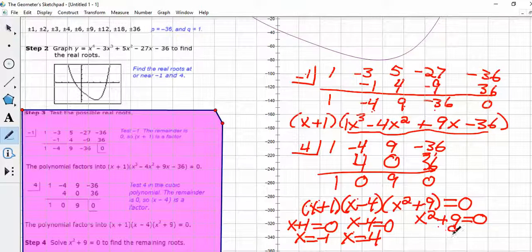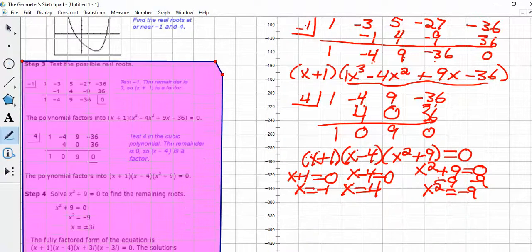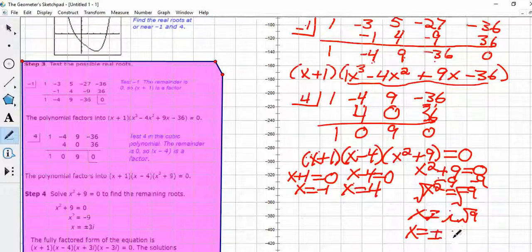I'll subtract 9 from both sides, and I'll get x squared equals -9. -9 is interesting, because when you take the square root of a negative, we'll get x equals the square root of i times the square root of 9, or that's 3i. And it's also plus or minus. When you take the square root, you get a plus or minus there. So those are the two complex roots that would be in this as well.